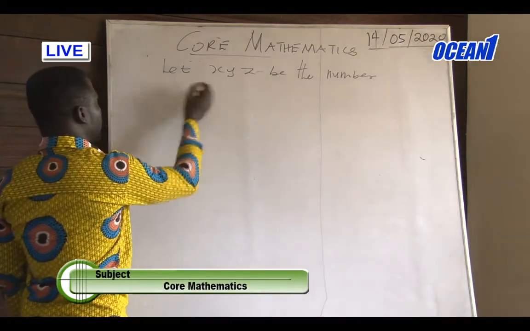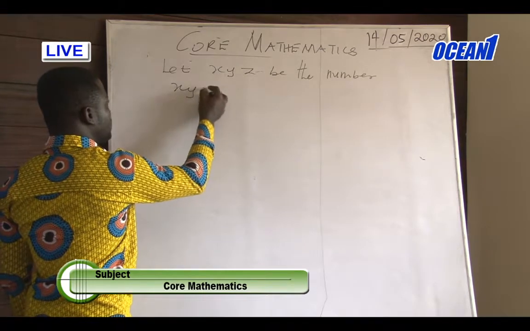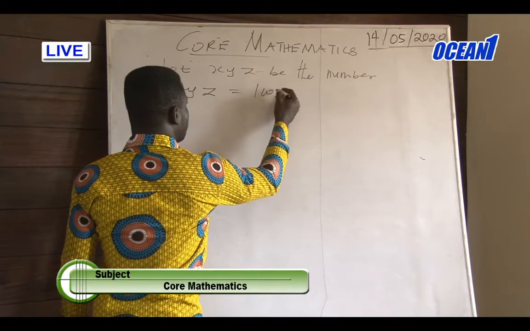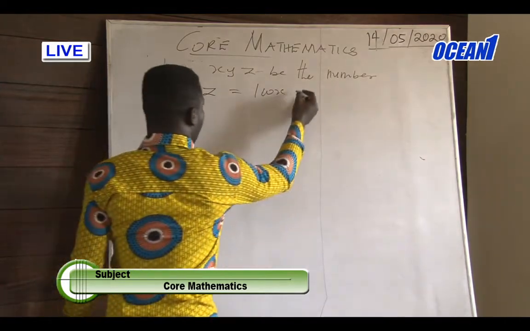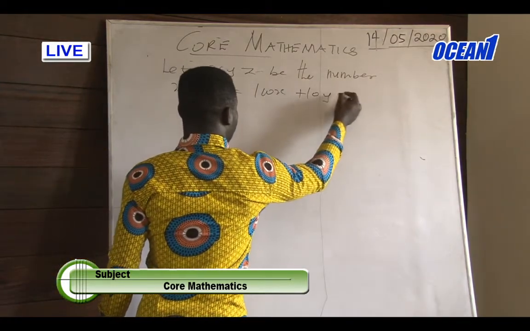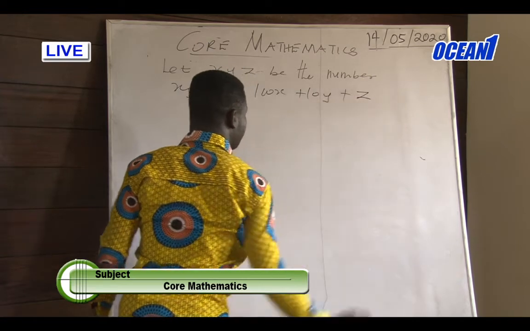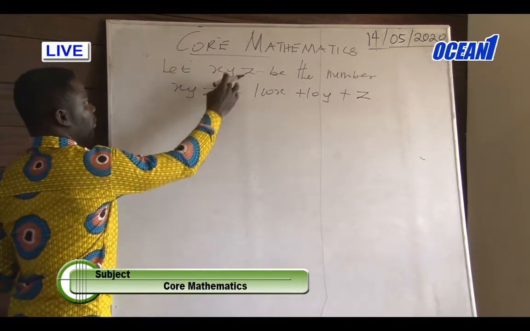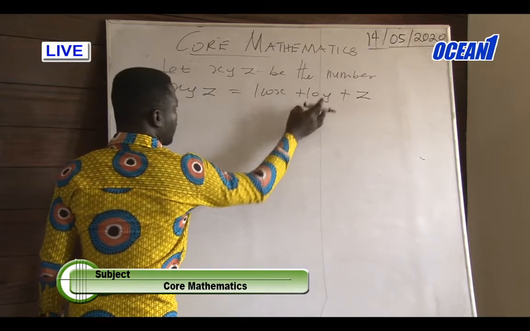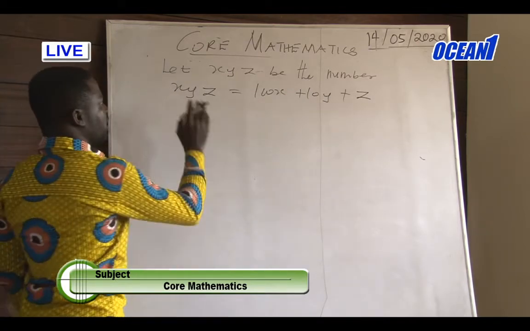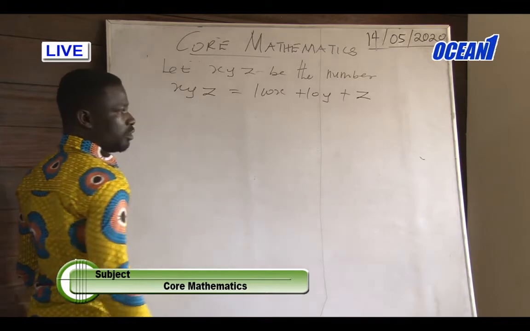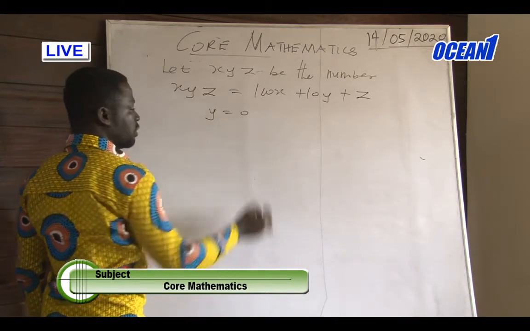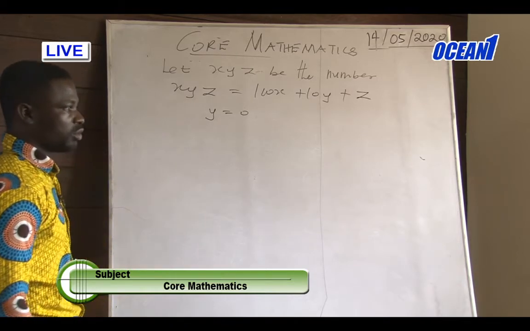If you want to expand, xyz will be equal to 100x plus 10y plus z. Now this is the middle digit, the middle number is 10y. The question is saying the middle digit is 0, so it means that y is equal to 0. That's what the question is saying.